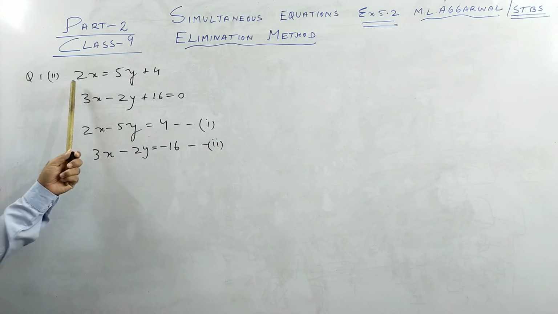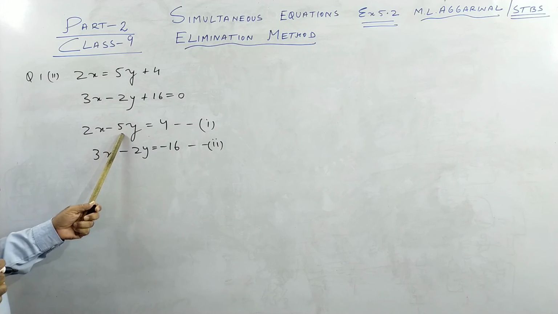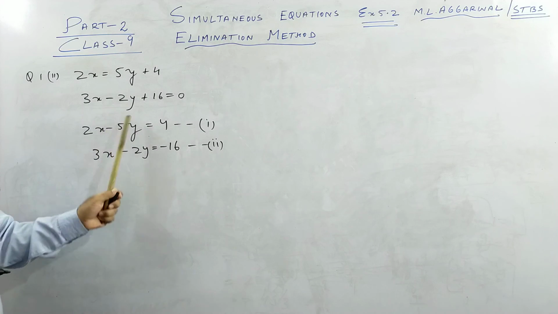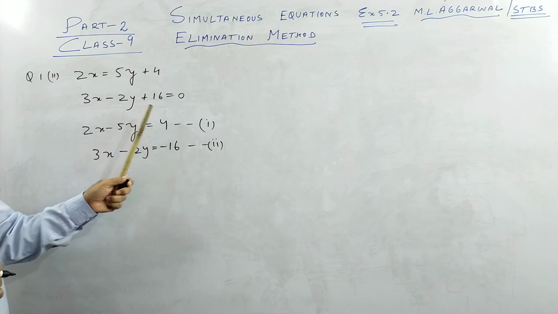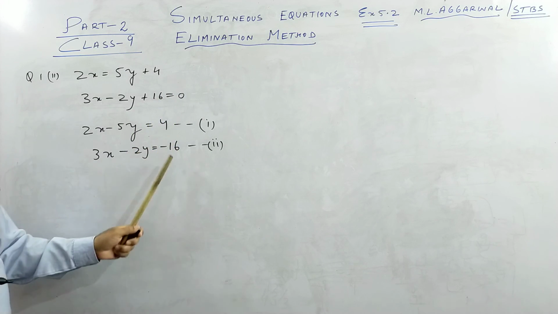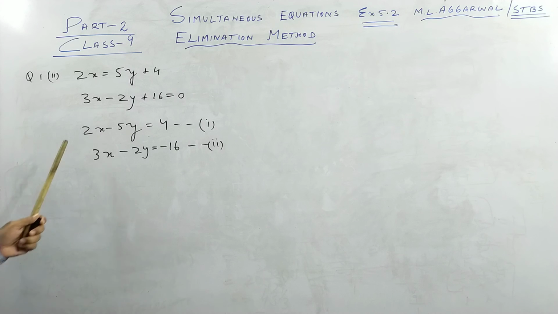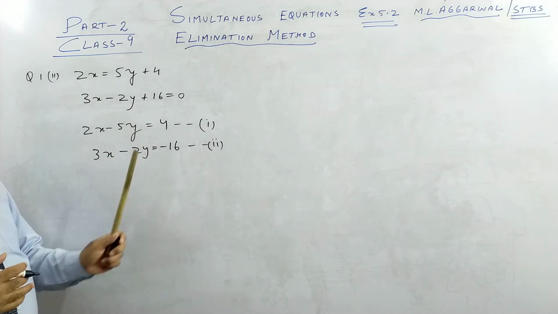Once more, this is given in the question. 2x, 5y comes to this side, equal to 4. So x, y equal to a number. Next, 3x minus 2y, this 16 will go to that side with a minus. Now we have got the same format, x, y equal to a number.